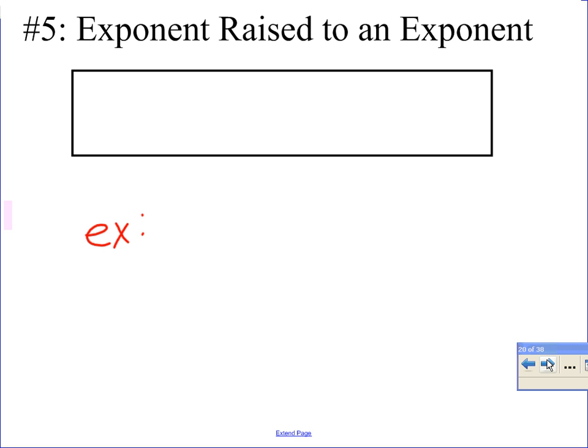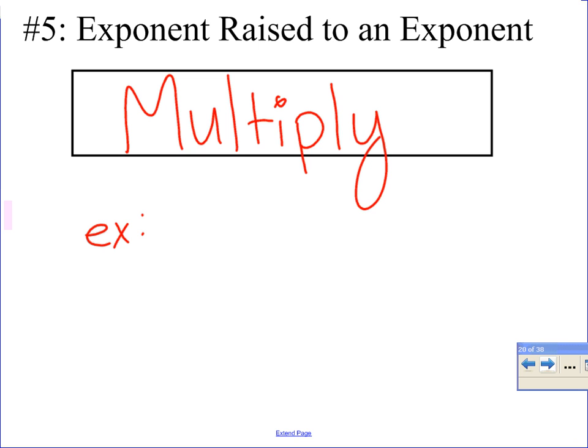Good job. Multiply them. So I'm just going to write down multiply. So an exponent raised to an exponent, you multiply them. It's also known as the power of a power rule. Multiply them. And again, these are very, very beneficial rules for you in your high school math classes you will see in the next couple years.